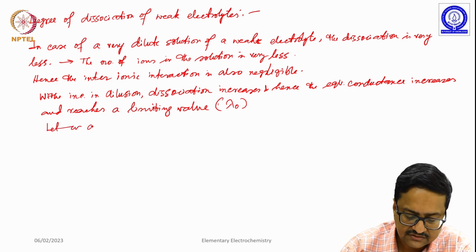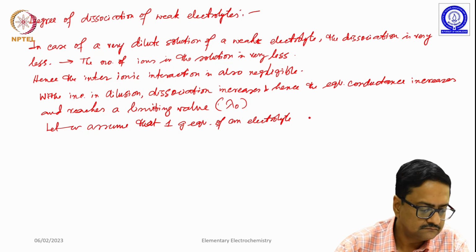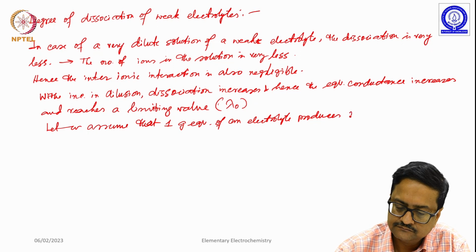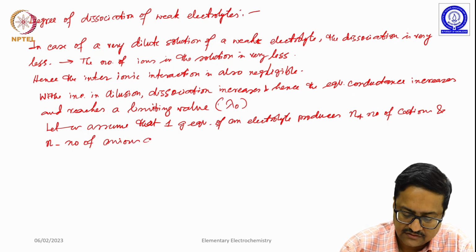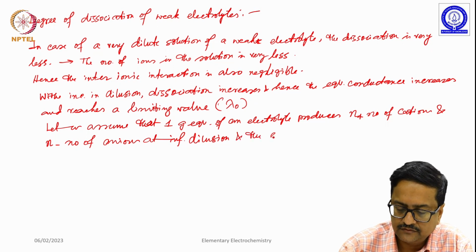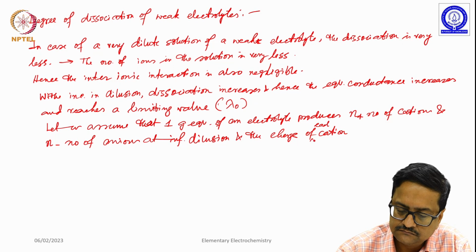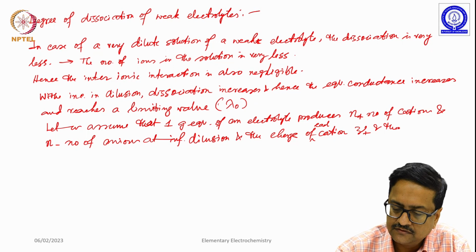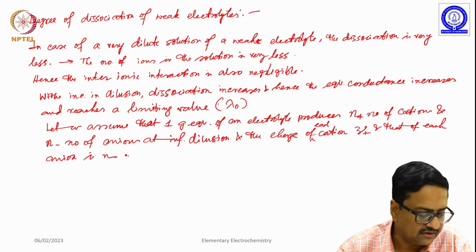So now let us assume that 1 gram equivalent of an electrolyte produces n plus number of cations and n minus number of anions at infinite dilution, and the charge of each cation is z plus, and that of each anion is z minus.